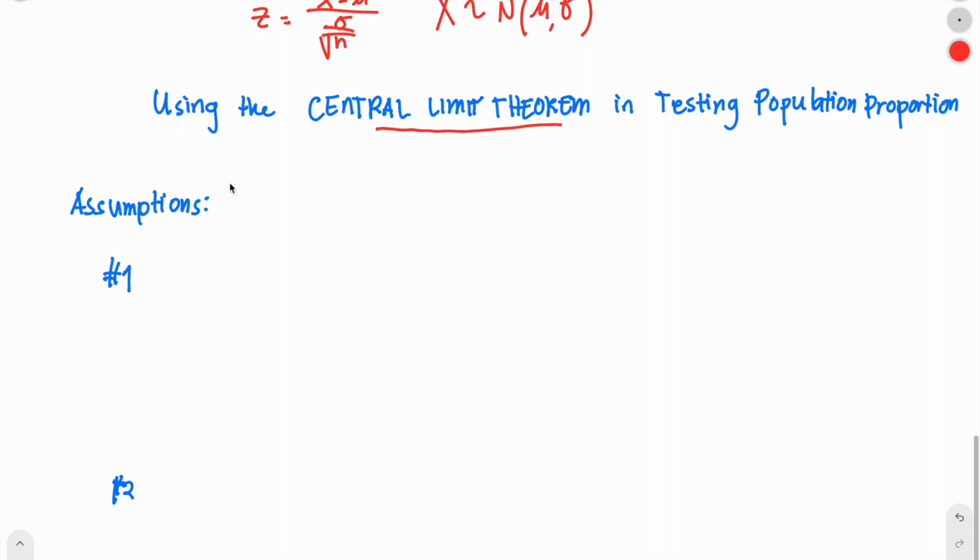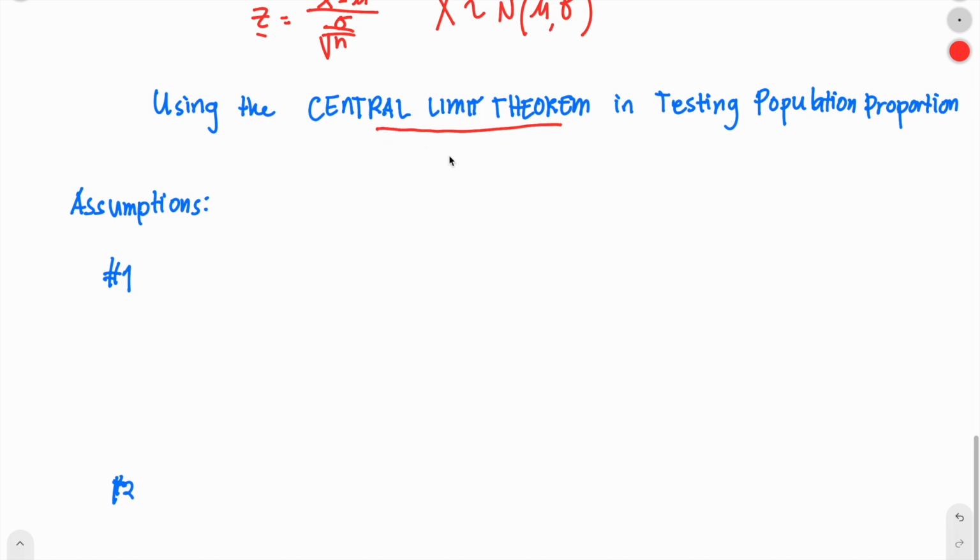Okay. The question here is, when can we use the central limit theorem or z in testing for population proportion? You have two assumptions to consider. These should be true in order to use this central limit theorem.